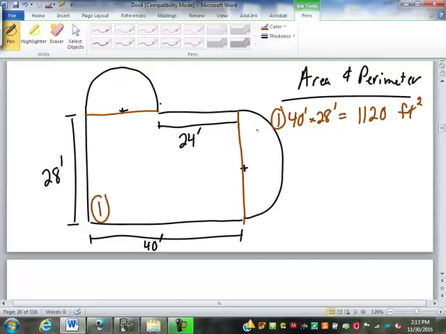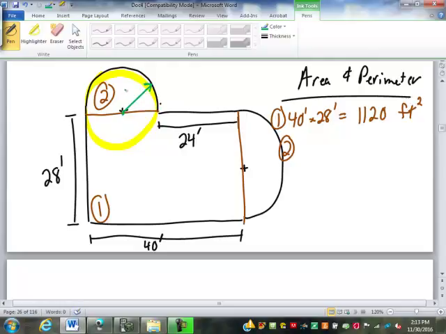Next, let's look at this half circle up here. It's half a circle, so I'm going to find the area of the full circle and then just divide it by 2. To find the area of the full circle, of course, do I need the diameter or the radius? Careful.